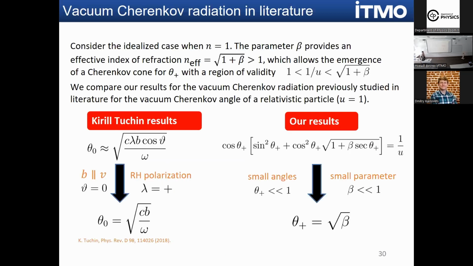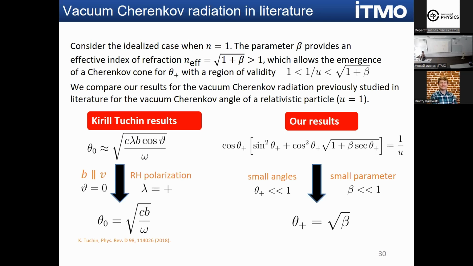And since we have studied not only Cherenkov radiation in chiral matter, but also we can study the vacuum Cherenkov radiation when we make n equals to 1. We check our results with literature, and we compare our results to the vacuum Cherenkov radiation previously studied in literature by Chiral Cherenkov from Iowa University.